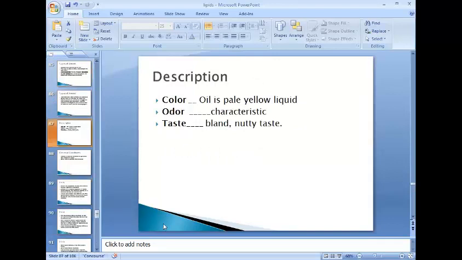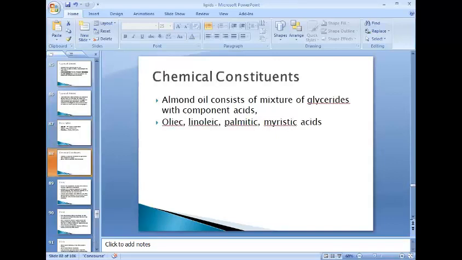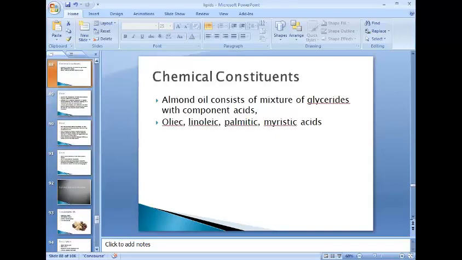The color of the oil is pale yellow and the odor is characteristic, whereas the taste is bland and nutty. The almond oil consists of a mixture of glycerides with component acids that include oleic, linoleic, palmitic, and myristic acid.